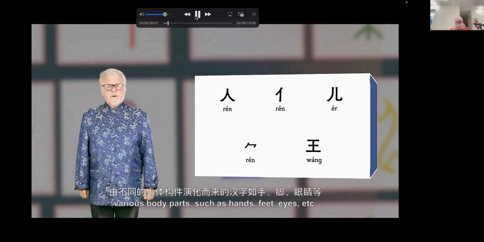So this yan is usually part of a girl's name.